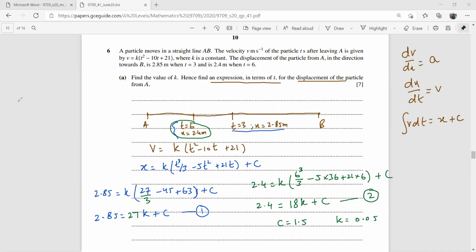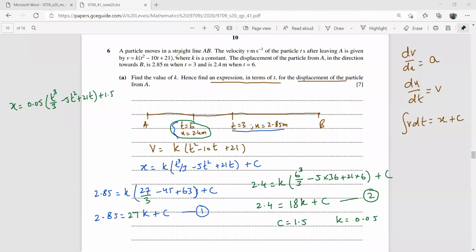And this will give us the equation that x equals 0.05 into t cube over 3 minus 5t square plus 21t and then plus 1.5. Please check through your working if it is really correct. Okay, so the answer has been confirmed.